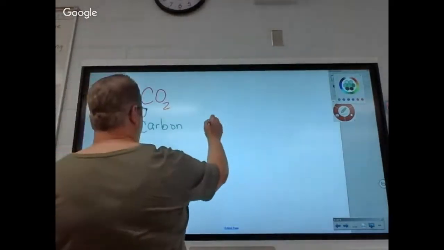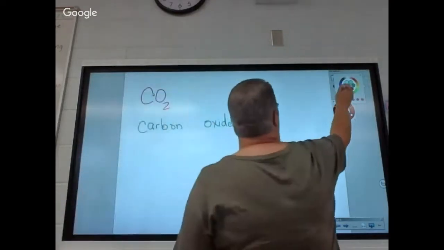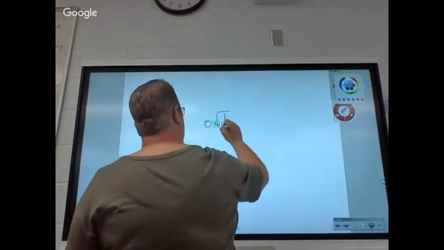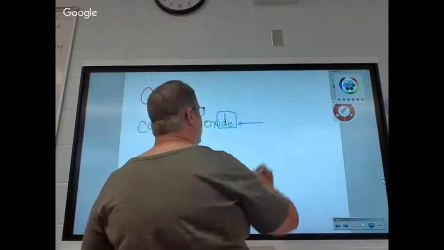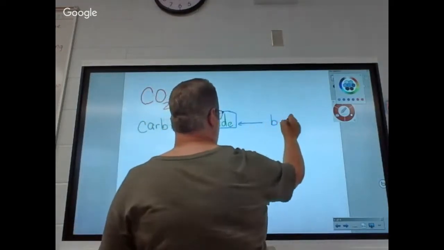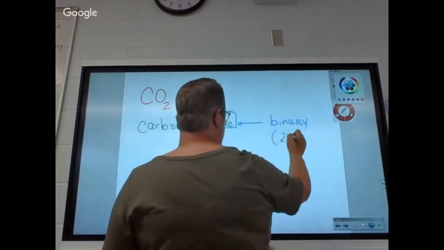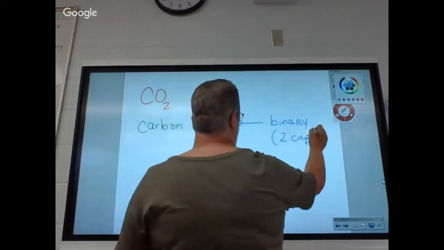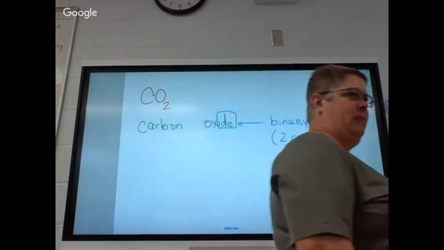Oxygen, and we make it oxide. Now, we're going to add IDE. Why did we add IDE? That's right. We're adding IDE because it's binary. Remember, binary tells us it has two capitals. Everybody with us on those two pieces?